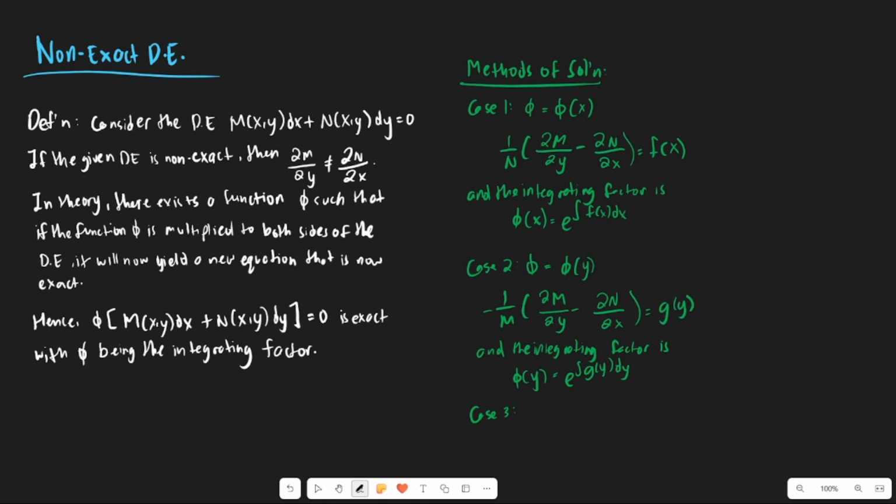Next is case 3. Case 3 basically says that phi is equal to x raised to m, y raised to n, where m and n are in the set of integers, such that the partial of M with respect to y minus the partial of N with respect to x is equal to m N over x minus n M over y.